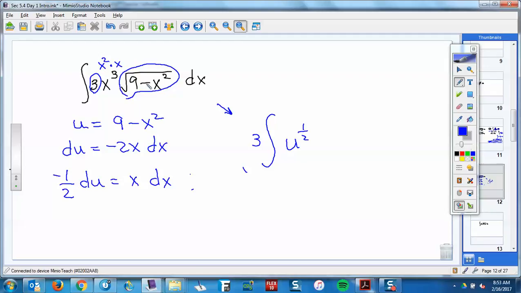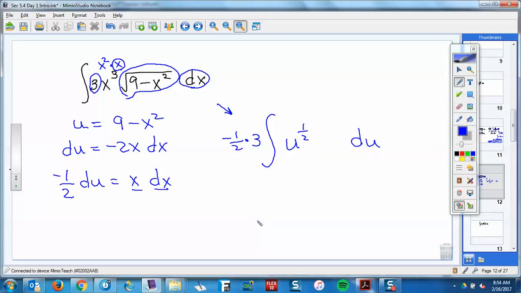Right? So I've got an x dx right there. So that x dx would be negative 1/2 du. Now I'm going to leave myself a little space in because I know I'm going to need it. But you might not have noticed that, but then you can figure it out.